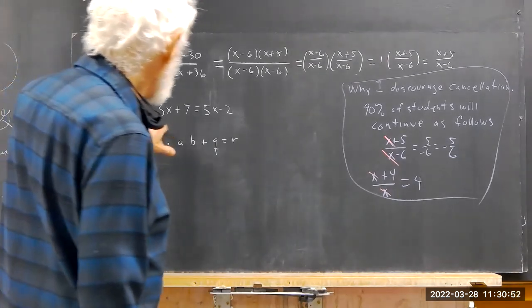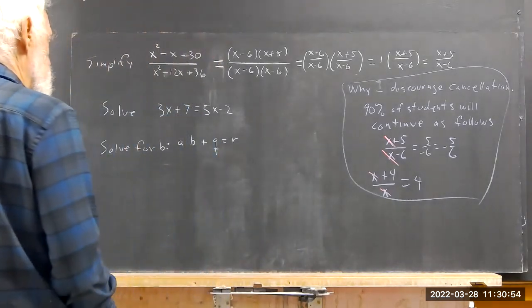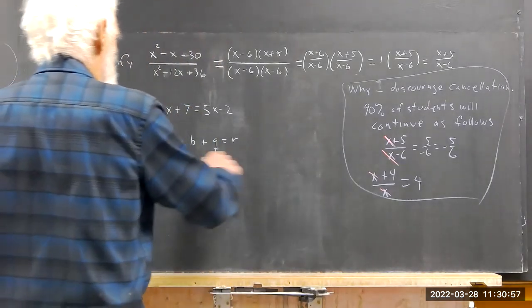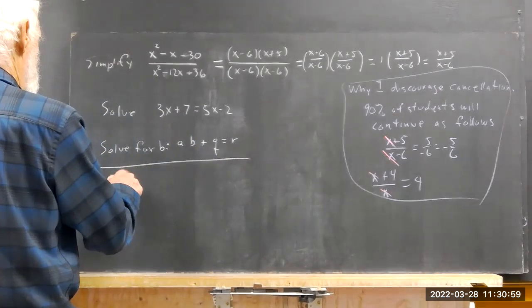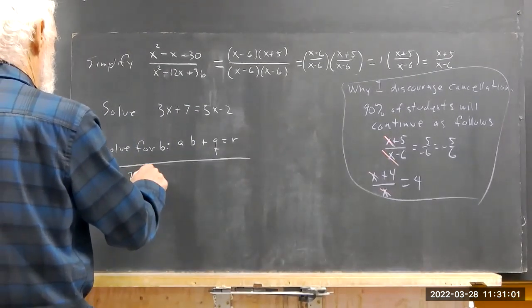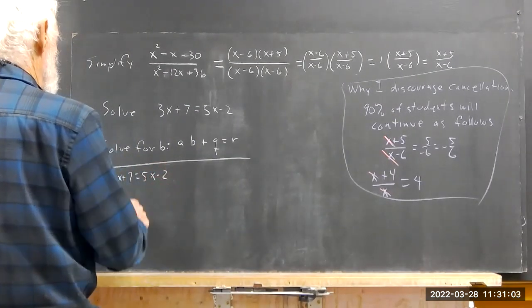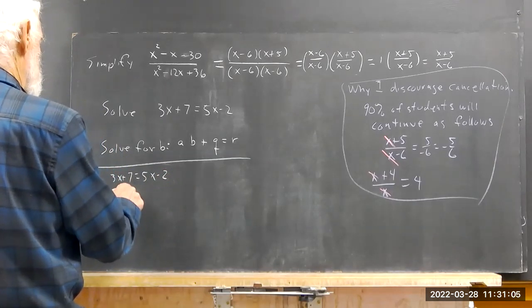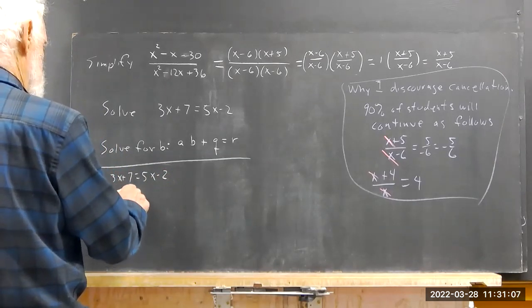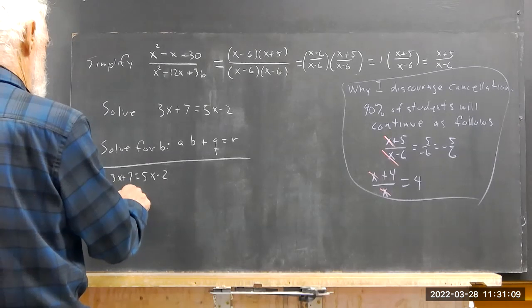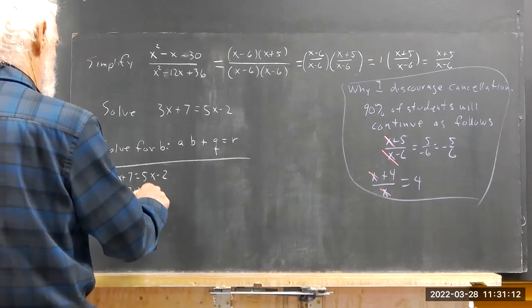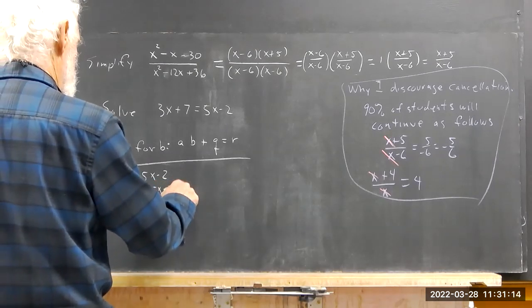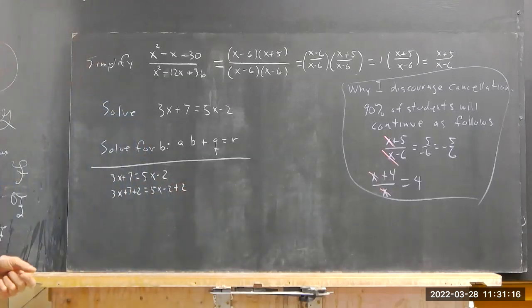Okay, so anyhow, down here, 3x plus 7 equals 5x minus 2. I'll add 2 to both sides, okay?